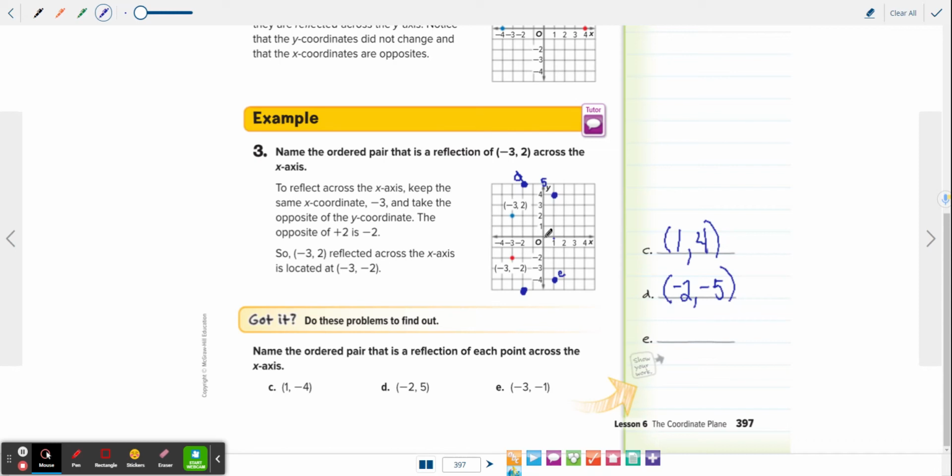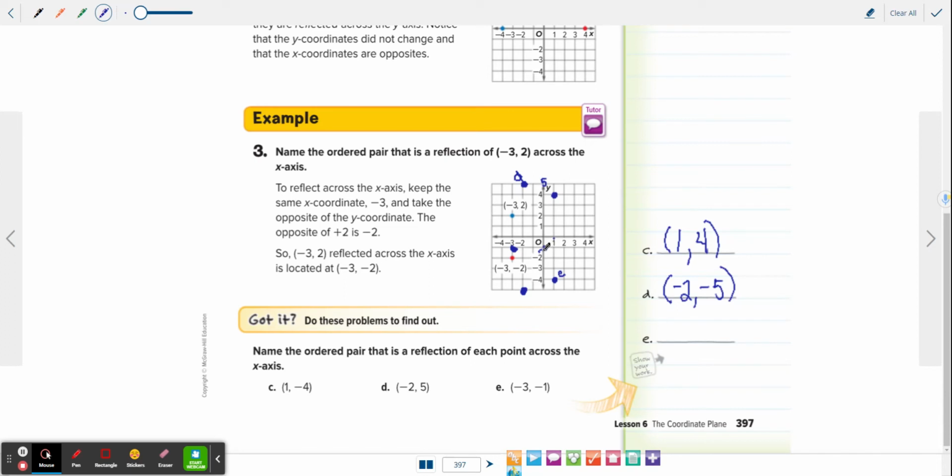And then E is -3, -1. So it's right here, -1 on the lower part of the y-axis. A lot of times it isn't labeled because the origin is in the way there. They usually put the O right there for the origin, but it is right here. You just don't see it.